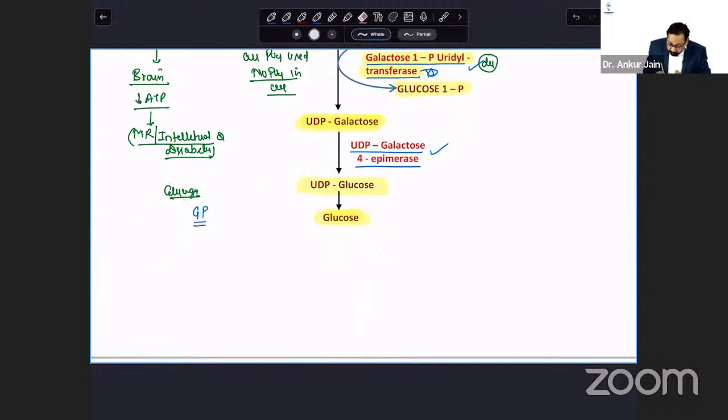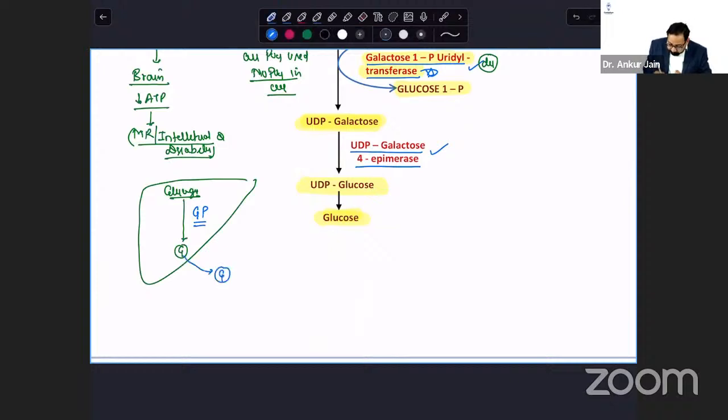And this glucose comes out of the liver to blood. In a normal person or normal child, this would be the source of glucose in between feeding. In between feeding, blood glucose is maintained by liver glycogen.